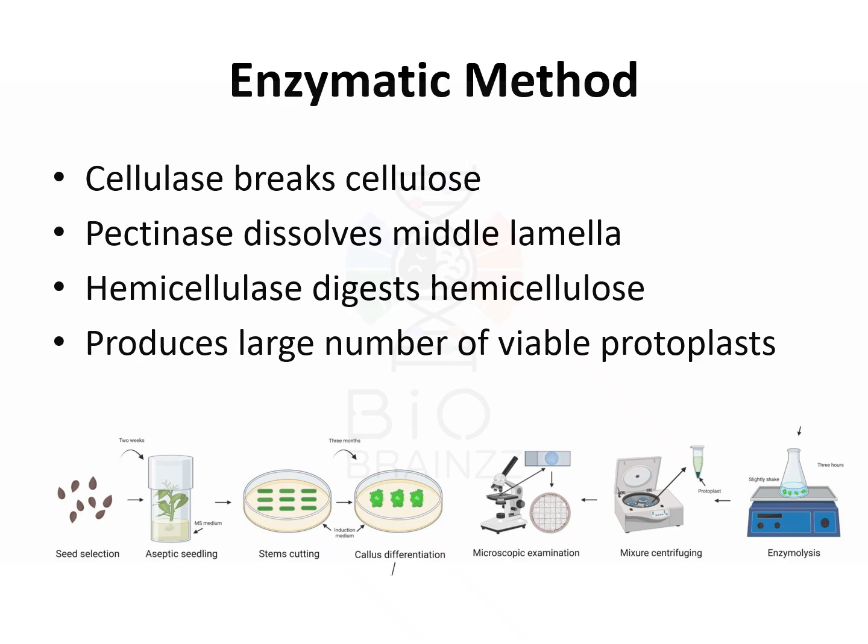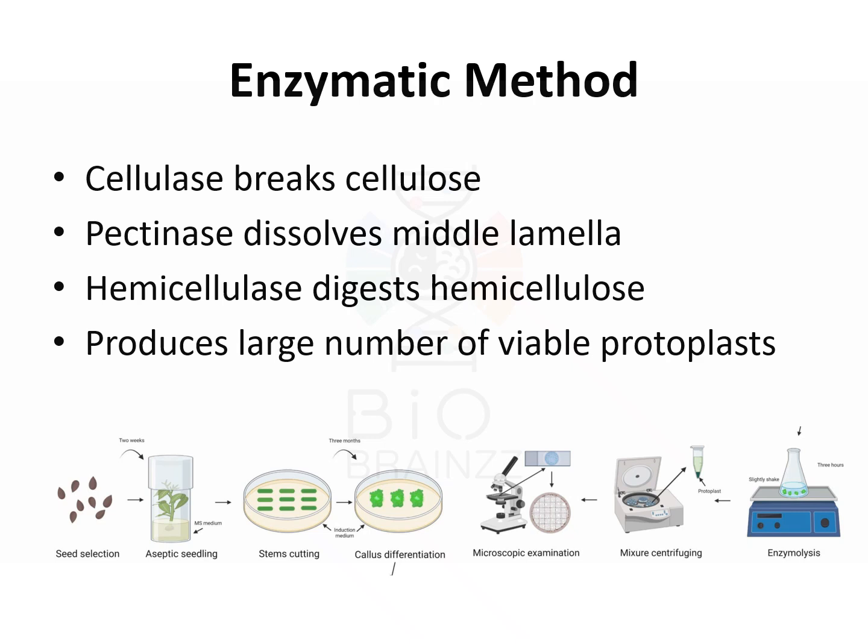The enzymatic method uses cell wall degrading enzymes to dissolve structural components of the wall. Cellulase breaks cellulose fibers, pectinase dissolves the middle lamellae that binds cells together, and hemicellulase breaks hemicellulose networks. As these components are digested, the wall gradually weakens and eventually dissolves completely.